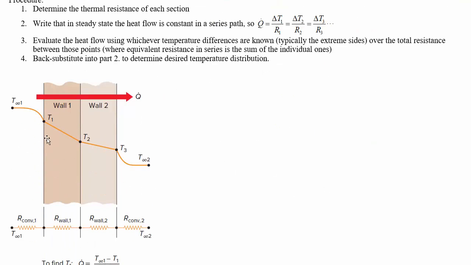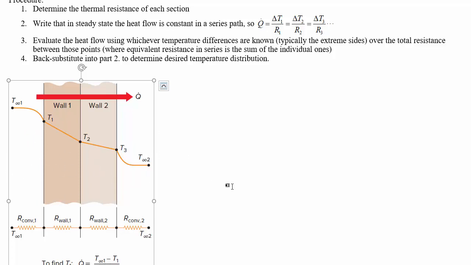So imagine we've got two walls in series and an air temperature over here and an air temperature over here. So maybe this is like the inside of an oven, and then outside the oven over here, and we've got two walls in between. Or maybe this is the inside of your house and this is outside in the winter, or maybe outside the house in the summer and inside the house in the summer. And we want to figure out what the rate of heat loss is.